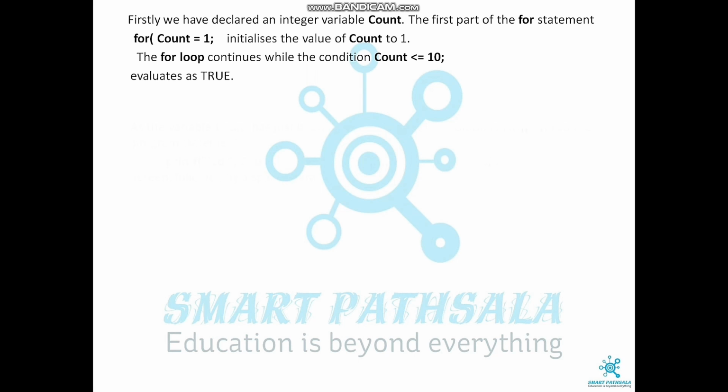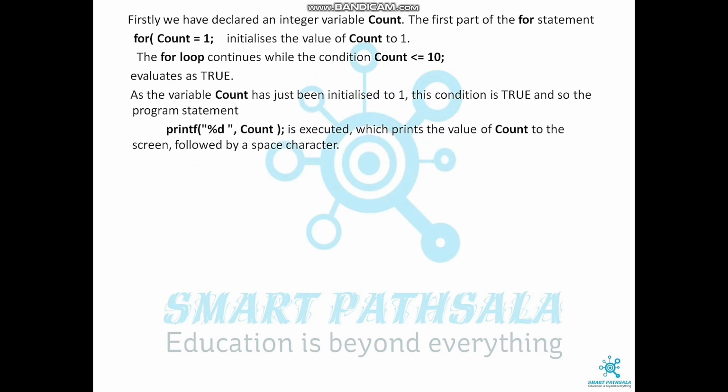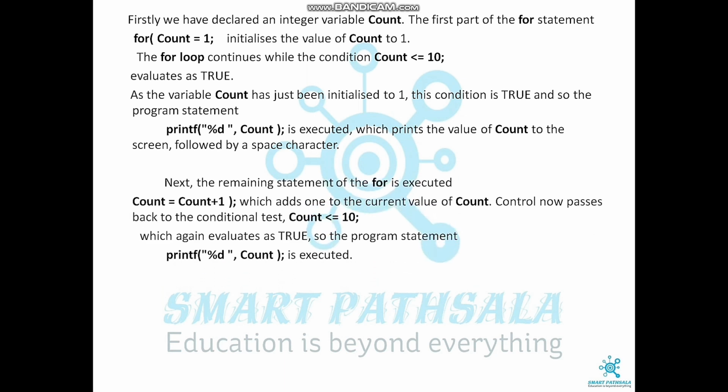As the variable count has just been initialized to 1, this condition is true. That means 1 is less than or equal to 10 is true, and so the program statement printf %d count is executed, which prints the value of count to the screen followed by a space character. Next, the remaining statement of the for is executed, that is count equal to count plus 1.